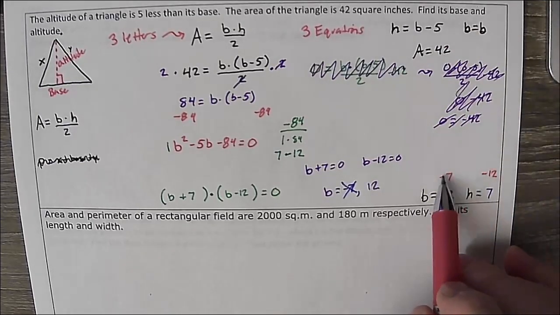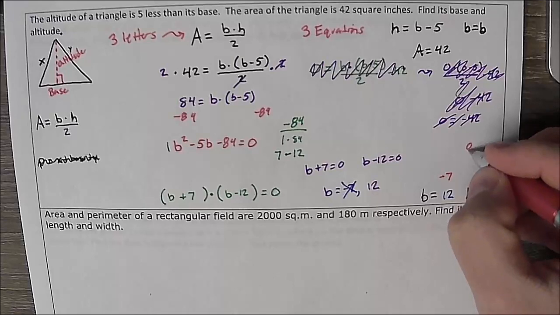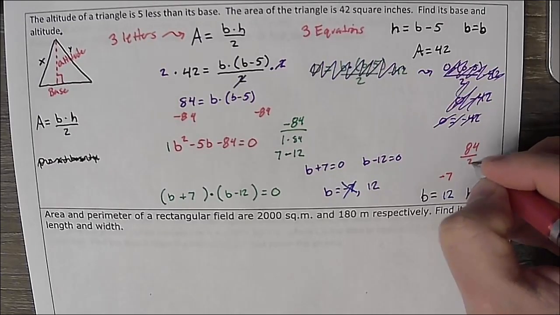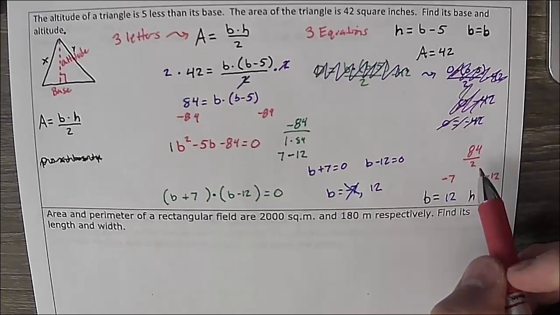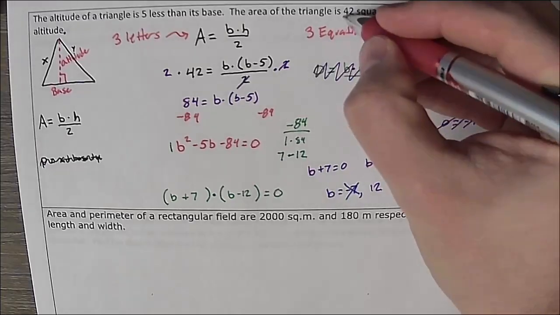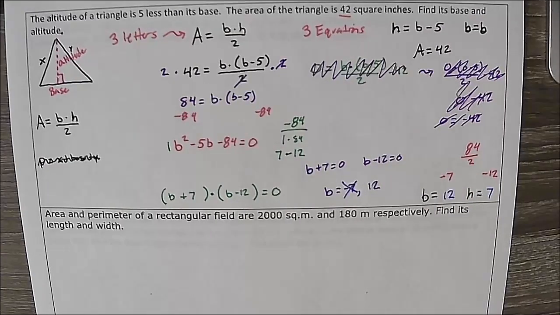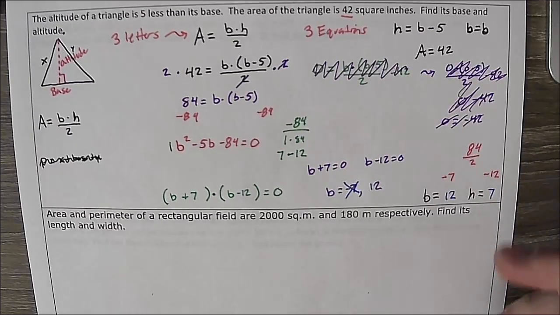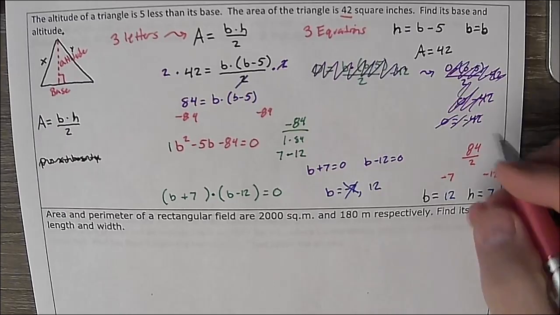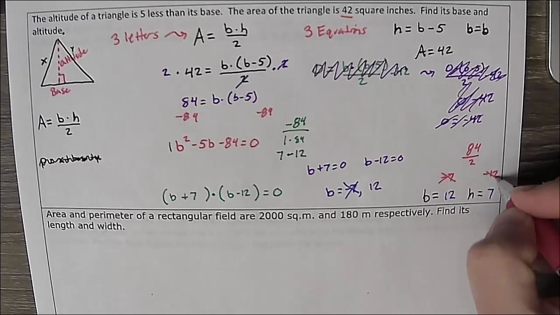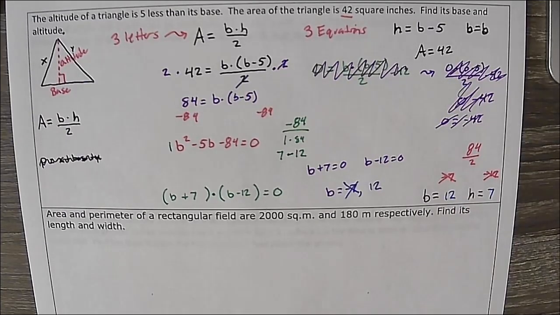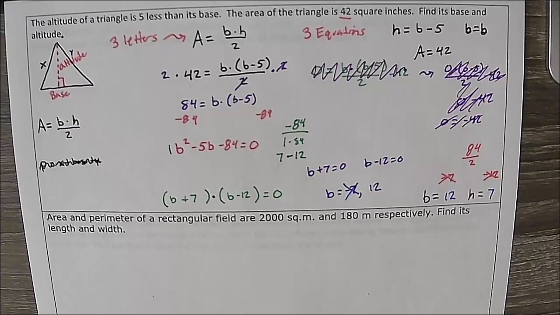Those two multiply to a positive 84, which in the formula for a triangle gets cut in half, and we do get a positive 42, but it requires two negative dimensions which don't exist. So that's why it pops up as a potential answer. It just doesn't make any real sense in the context.